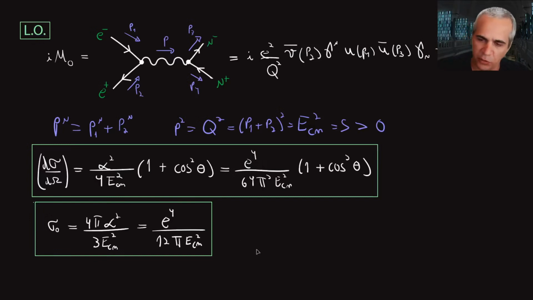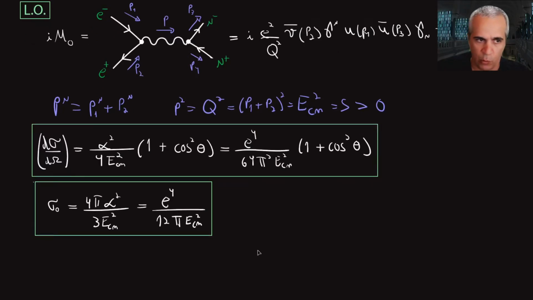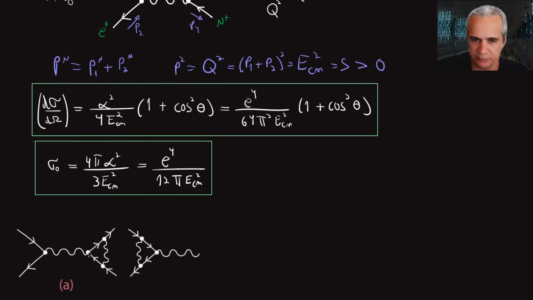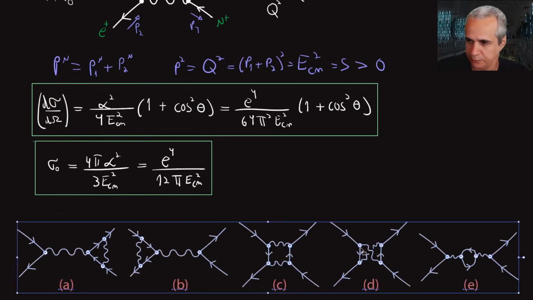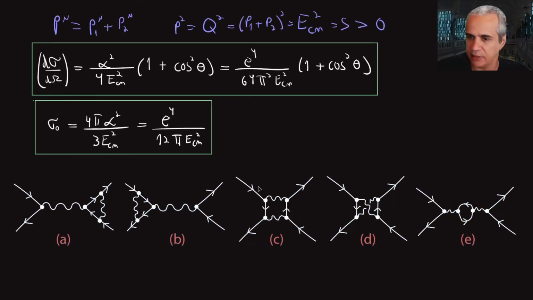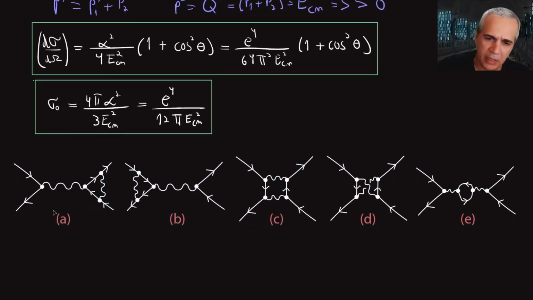If you go and look at all the diagrams that involve just one loop, this is what you get. Let me get those diagrams here, right? So you have these guys right here. Now, you see, I have 1, 2, 3, 4 insertions of the interaction everywhere, right?